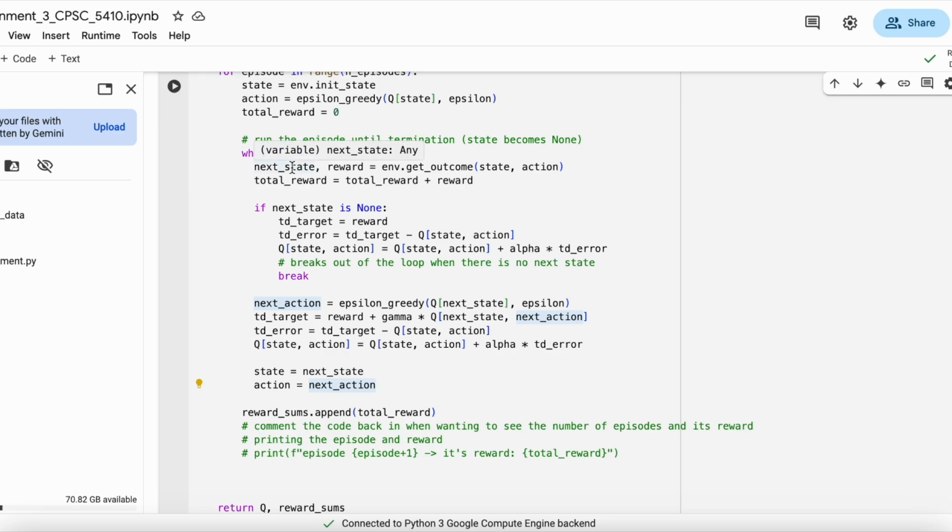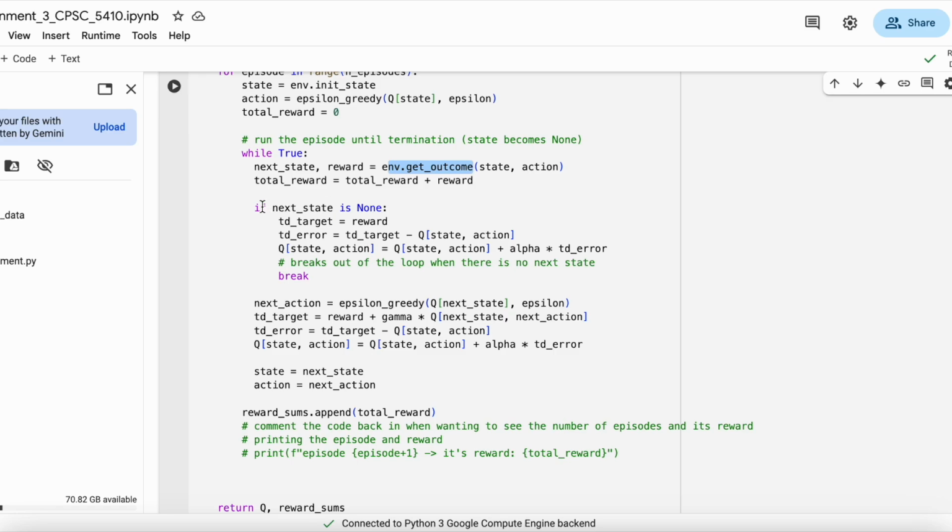It gets the next state and the reward. There's a function in the environment file: we pass in the state and action, and that's what we set the next state and the reward to. Then the total reward gets updated from this.